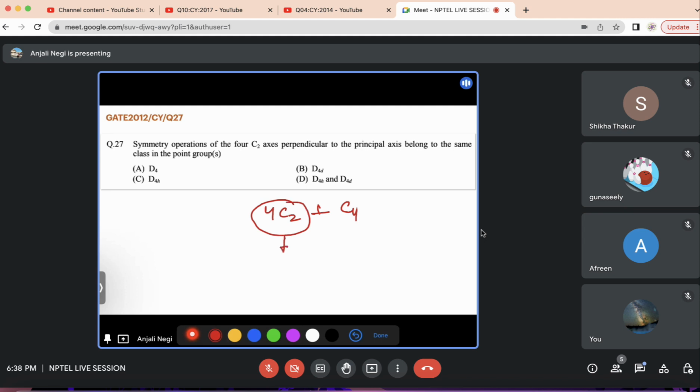So when we say the symmetry operations of 4 C2 which are perpendicular to the principal axis, the principal axis is C4 here, and all of these C2 axes which are perpendicular to C4, which are 4 in number, they all belong to the same class in the point group.